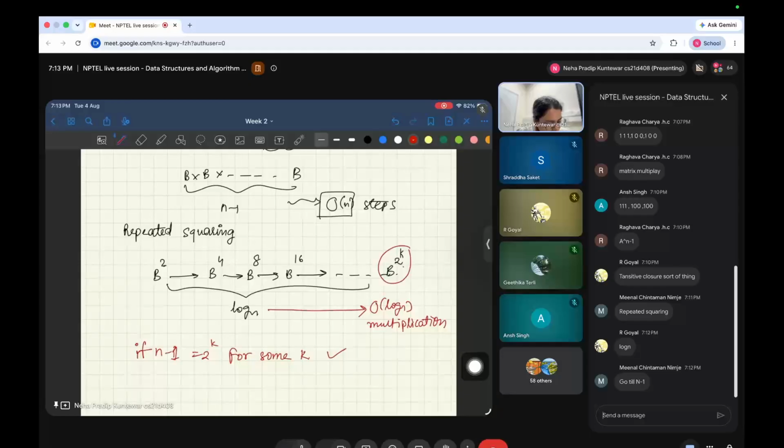Okay, but if not, then what will you do? Because if you take one more step, then you are jumping much ahead, right? Your actual value is somewhere here in between 2 to the k and 2 to the k plus 1.